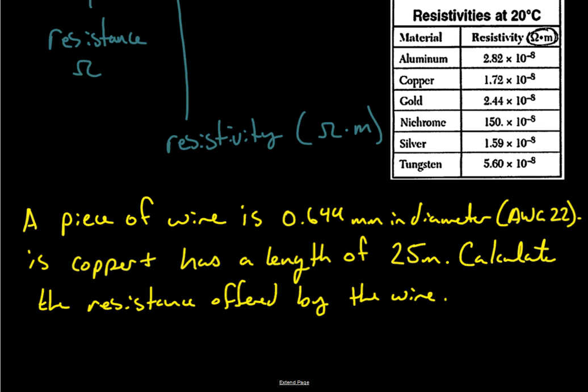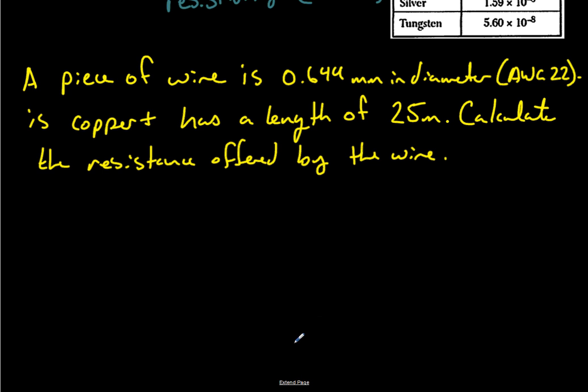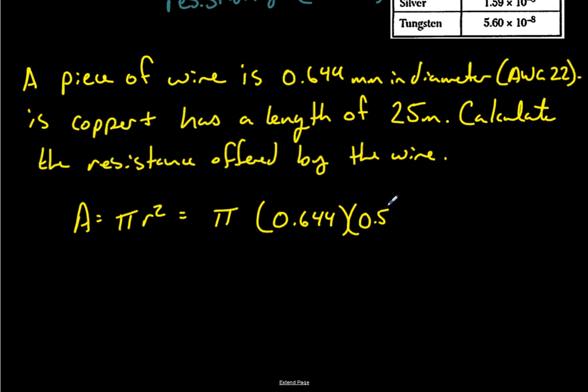Okay, so first things first, we've got to find the cross-sectional area. So area A should be equal to pi r squared. So in this case, it should be pi times 0.644 times half, squared.